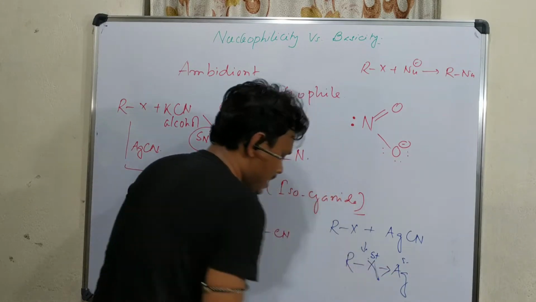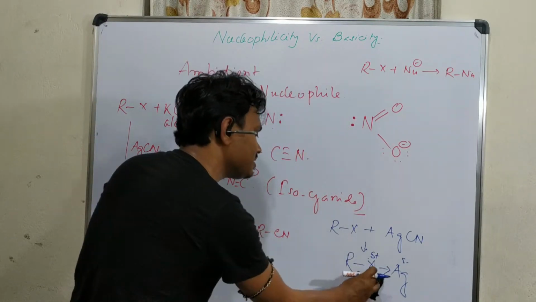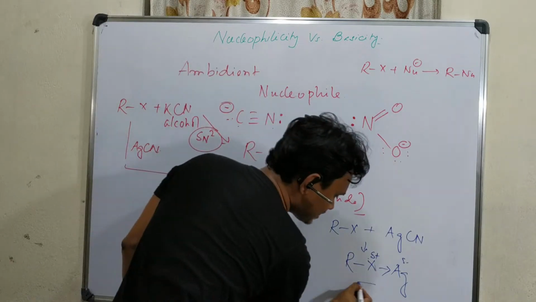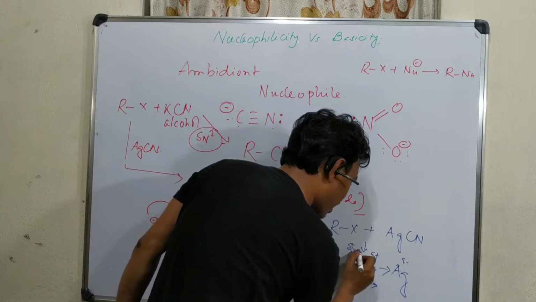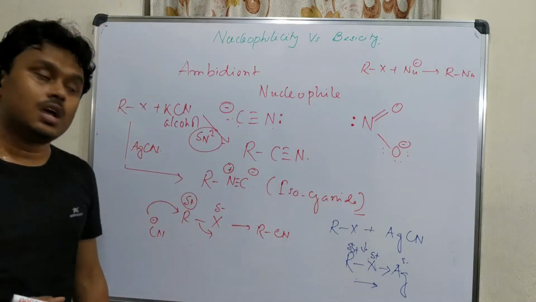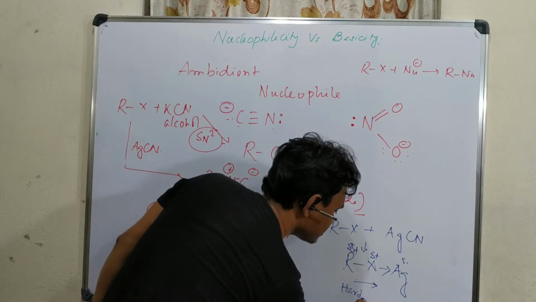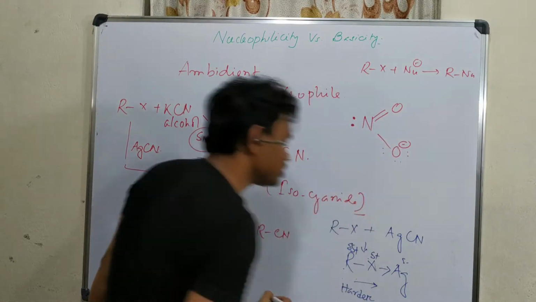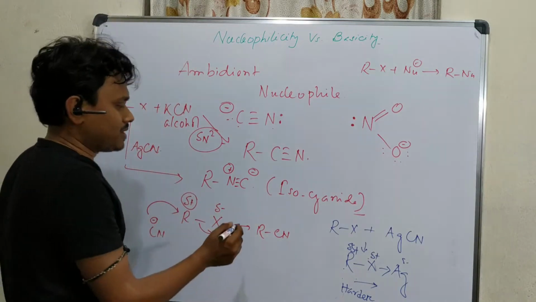Consequently, after this donation, the slight increase in positive charge pulls electron density from this carbon and makes it even more positive. If it is more positive, this is a harder center. Harder means the charge density is very high.